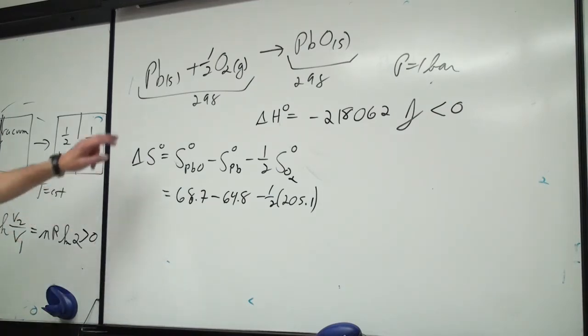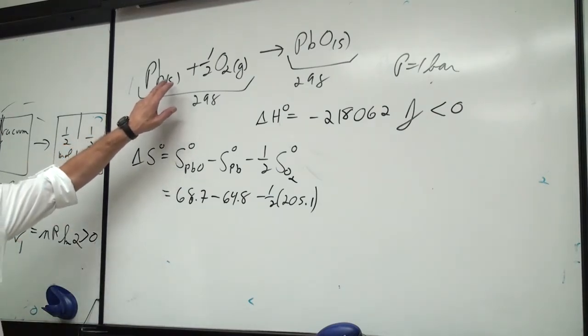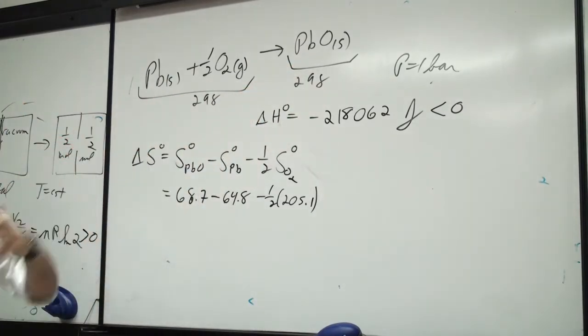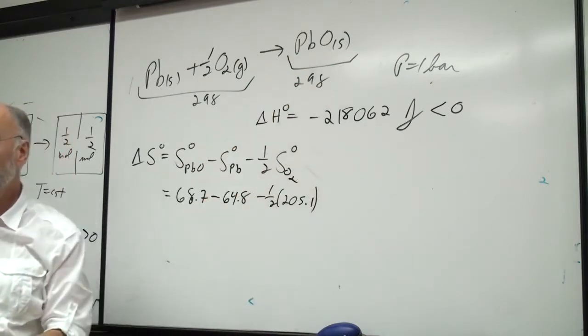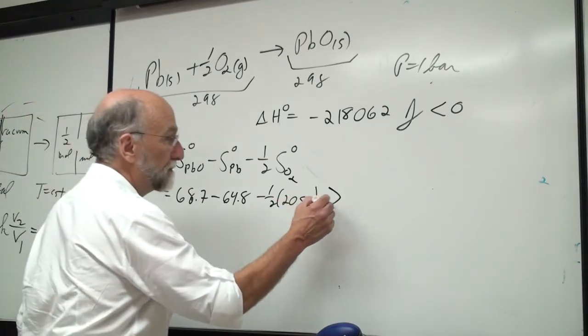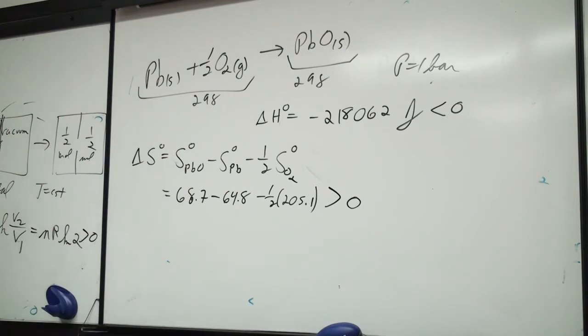So what's happening here is we're going from a solid plus a gas to a solid. So the gas is reacting with the lead and lining up to form a nice crystal lattice with PbO. So you can see clearly from this that delta S for this process is going to be positive. Sorry, no, this is going to be negative.